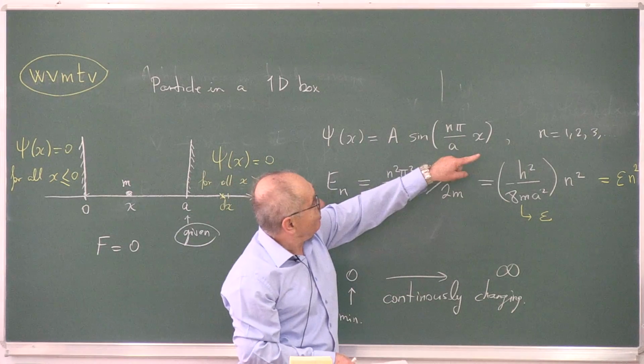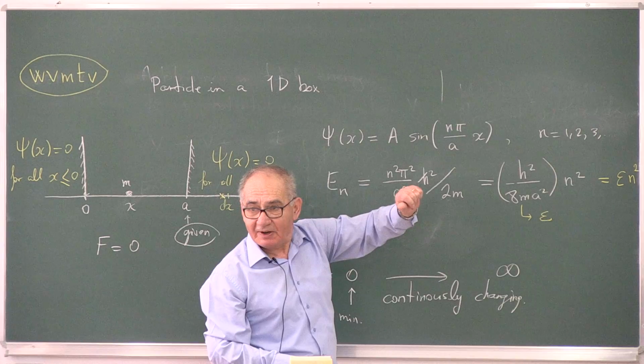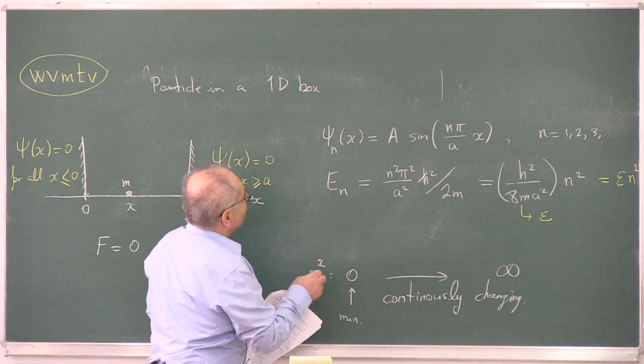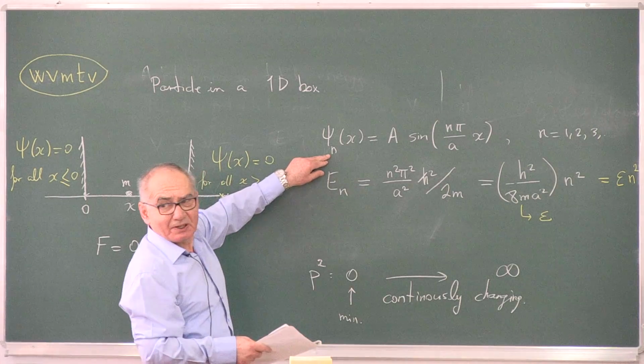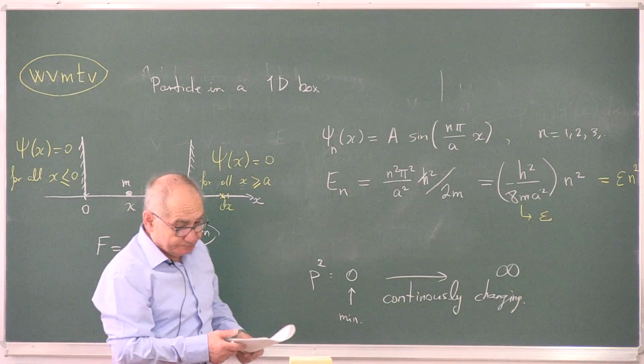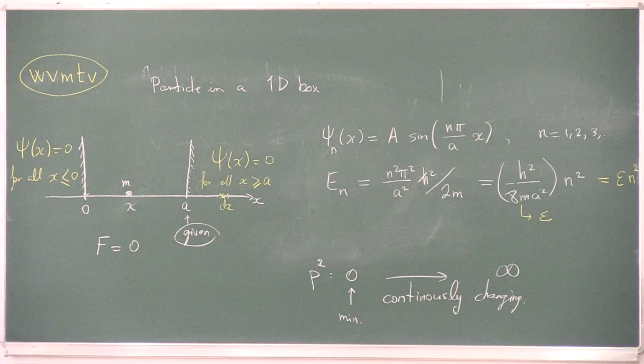Depending on which n we select here, we are going to have a different function. So we write a subscript n to indicate which n we are using. Now we can erase this part.